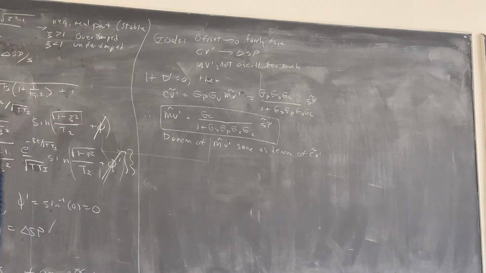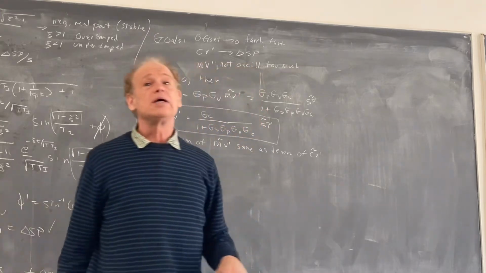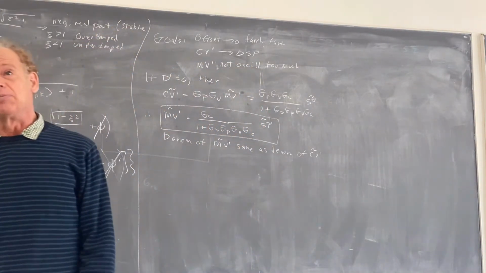So what does that tell me? That tells me, and the denominator tells me the stability. It tells me if something's going to blow up or not, and it tells me if something's going to oscillate or not. So if the denominator of CV prime is unstable, then the denominator of MV prime is unstable.